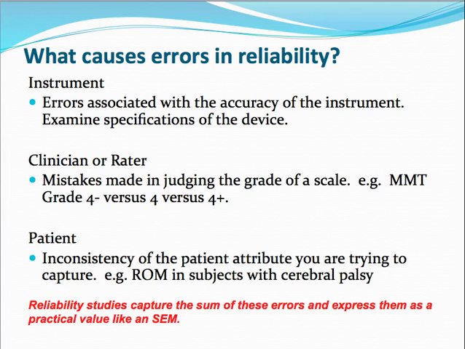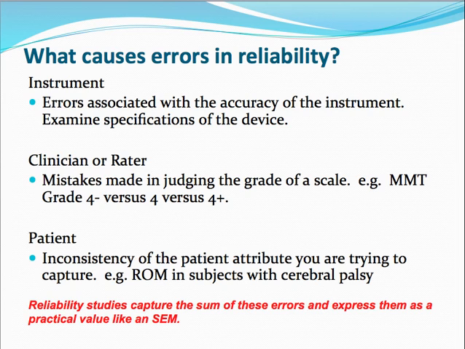The final one is the patient. If the patient has a lot of inconsistency in terms of the attribute you're trying to capture, so if it's pain, and the pain's widely varying, then if they fill out the questionnaire at this moment, but it changes in an hour, they're going to be confused on how to respond to the questionnaire.